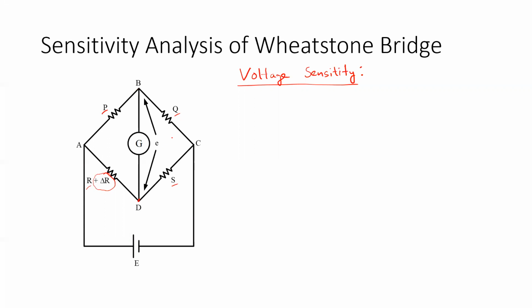So in order to determine the voltage sensitivity, we need to find an expression for E. In terms of that, we are going to have an expression of voltage sensitivity in terms of the resulting change in resistance.